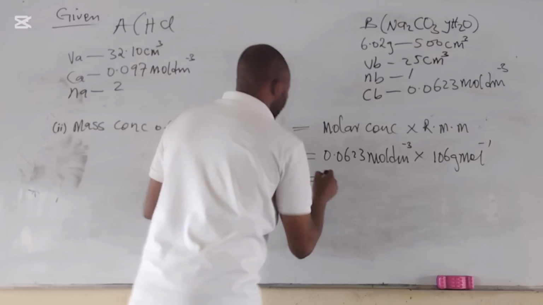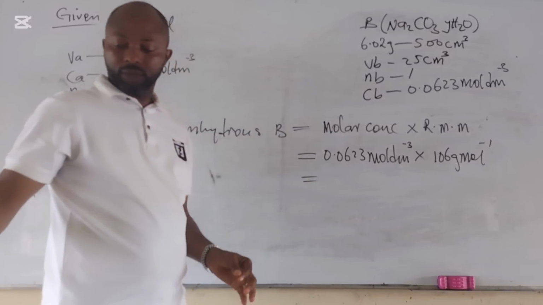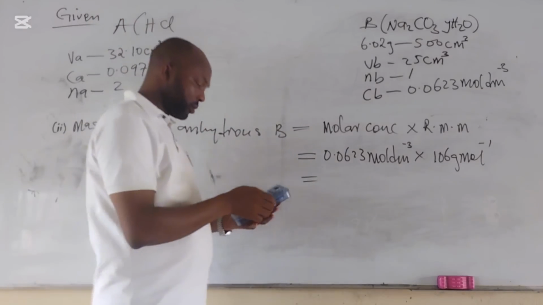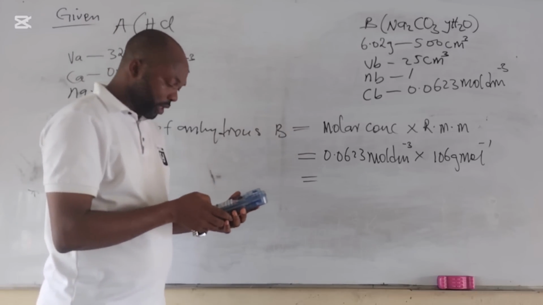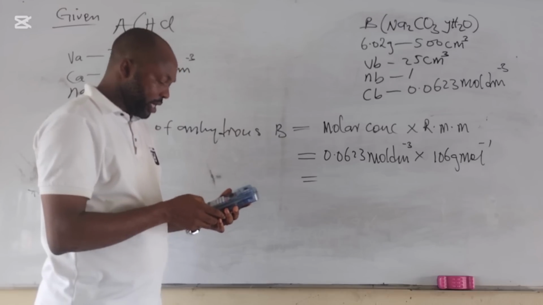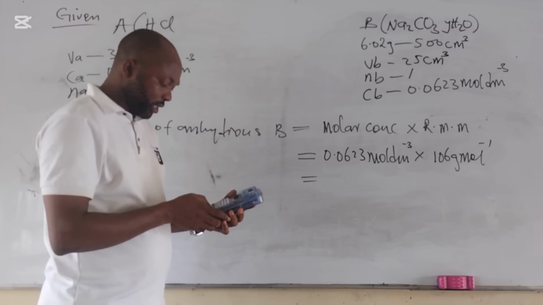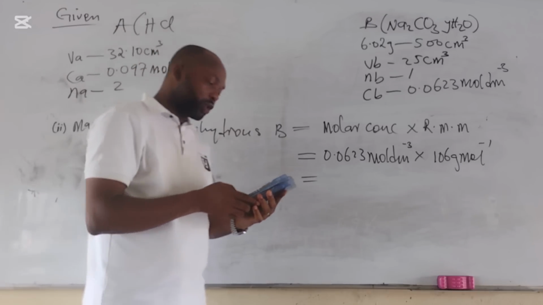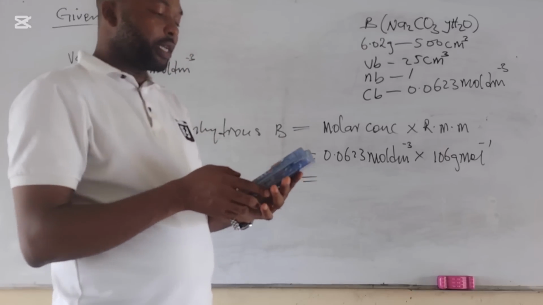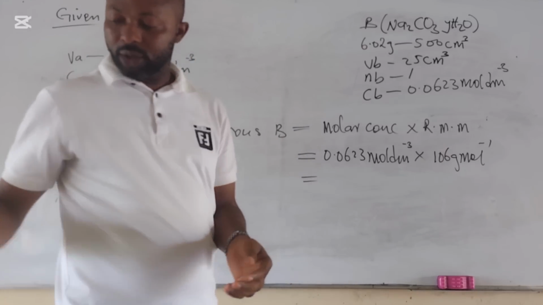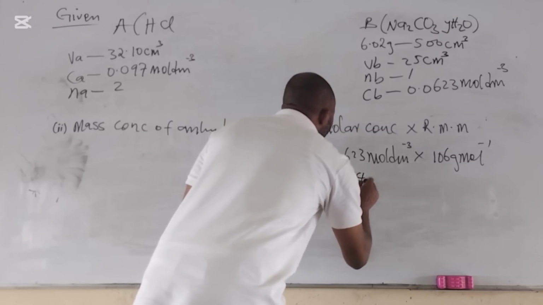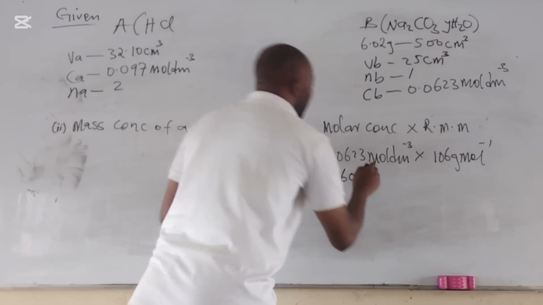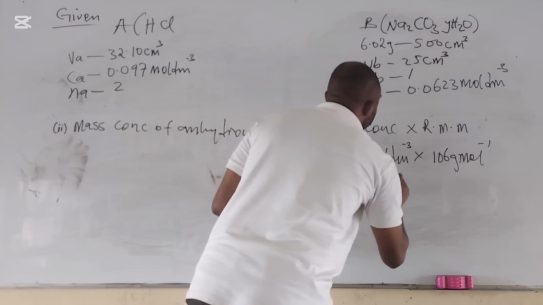So this is 0.0623 times 106, equals 6.604 g/dm³.